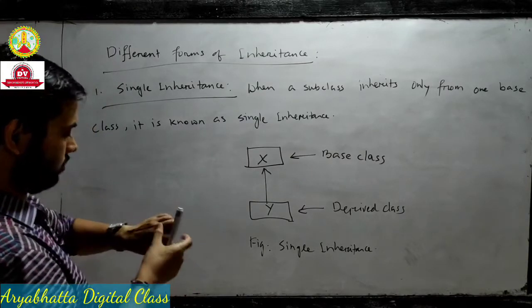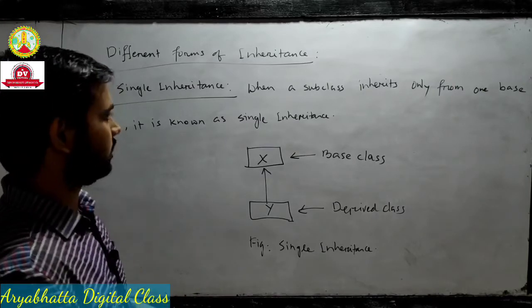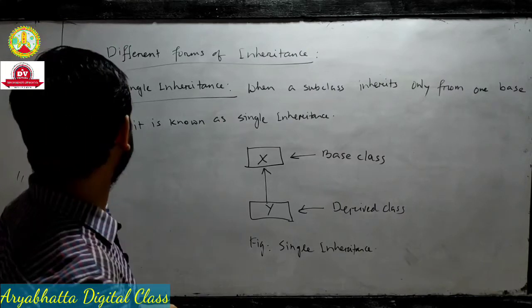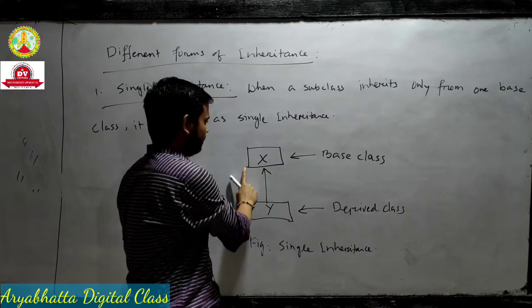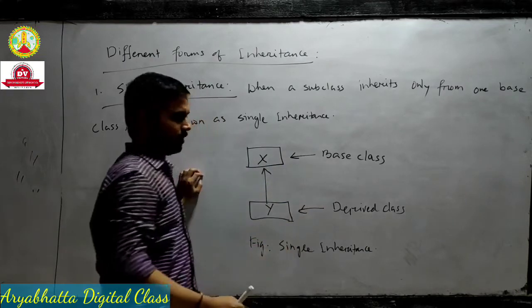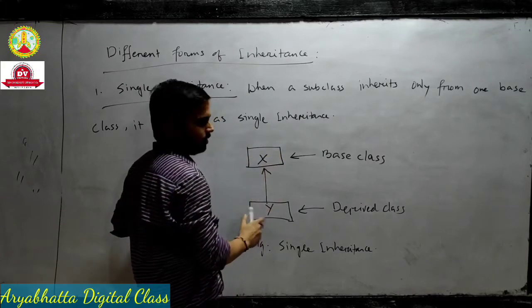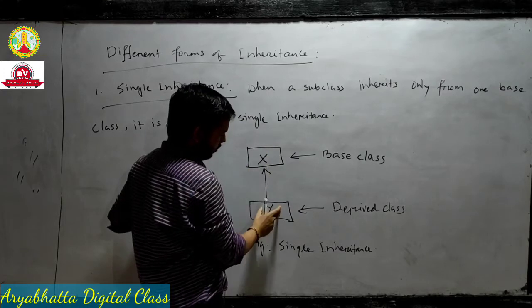For the definition, when a subclass inherits, subclass means derived class, and it inherits only from one base class. This is the subclass and this is the superclass, meaning this is the base class and this is the derived class. Y is derived from X. X is the base class, and Y is derived from it.